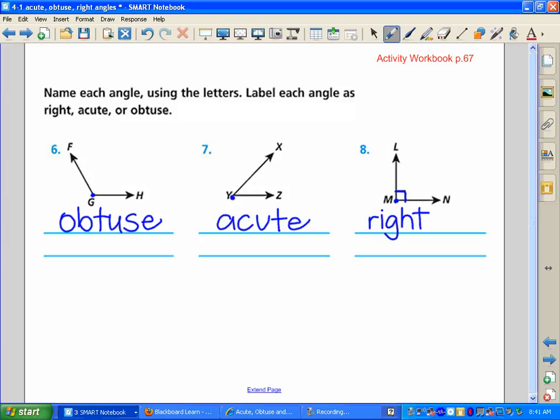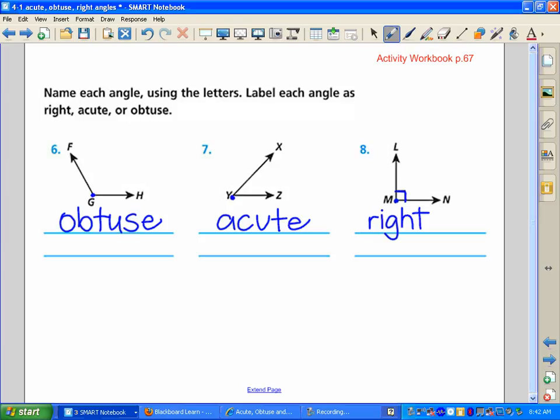We've done this before. We're going to get it right this time. The dot has to be the letter in the middle. So every time you write the angle, the letter that you put the dot on has to be in the middle. Okay?